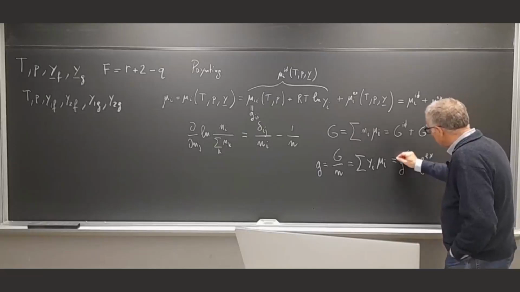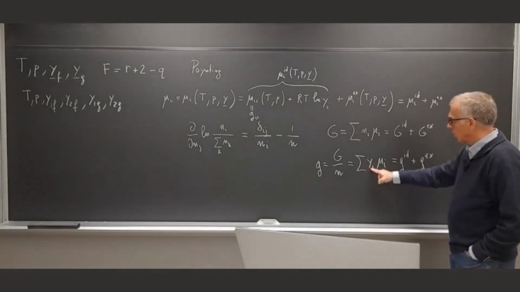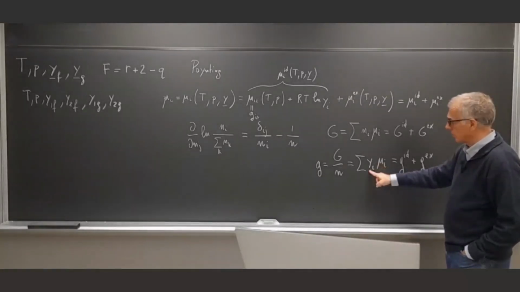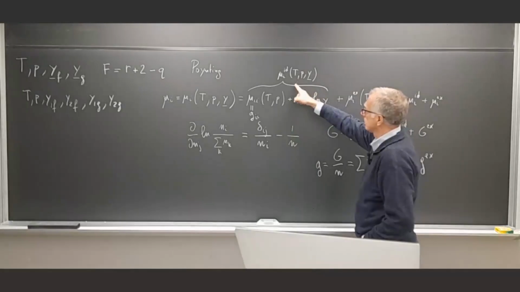Now, GID is therefore the weighted sum of the ideal chemical potentials weighted on the mole fractions. And the ideal chemical potentials are these ones.